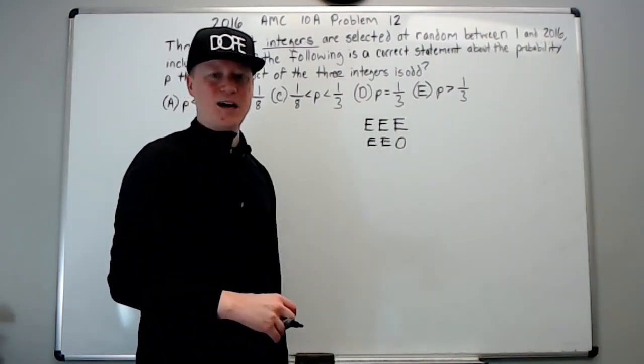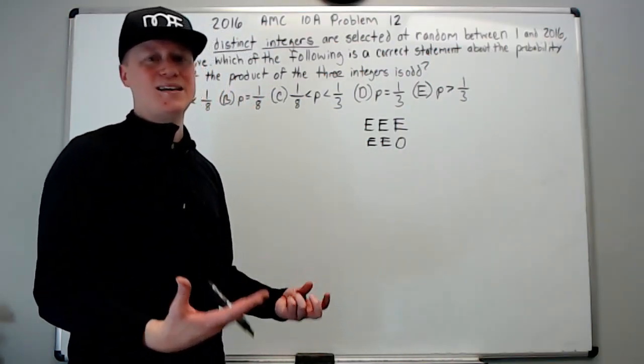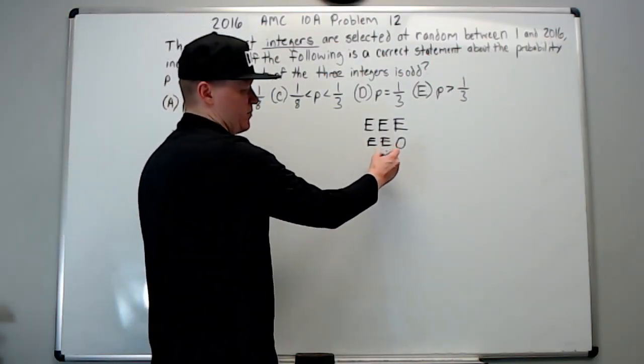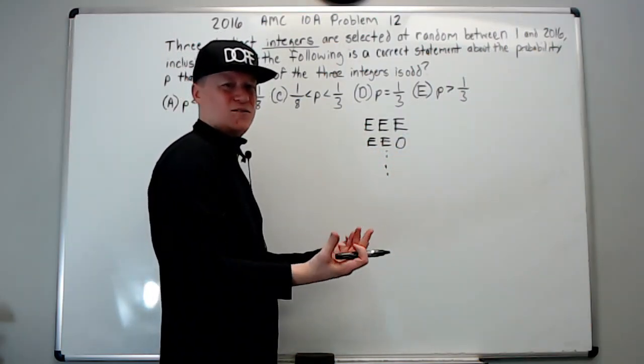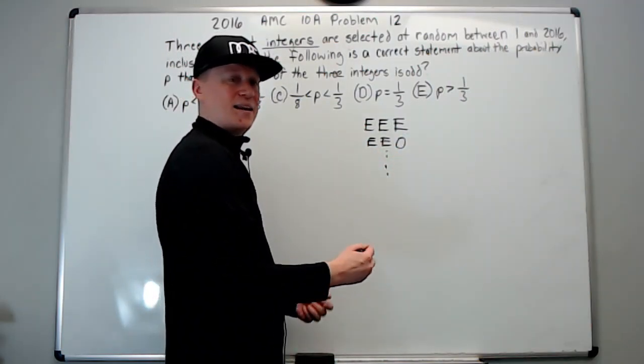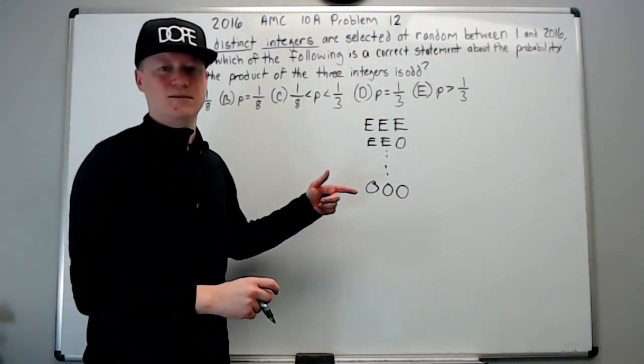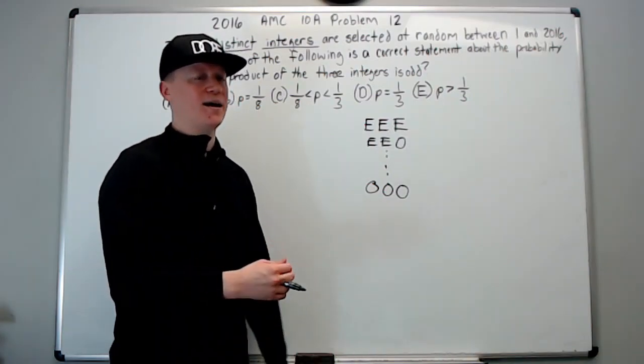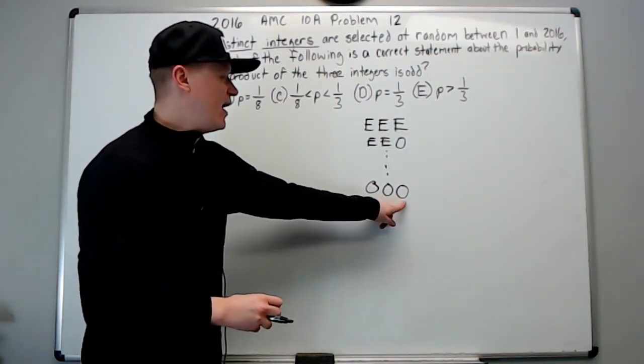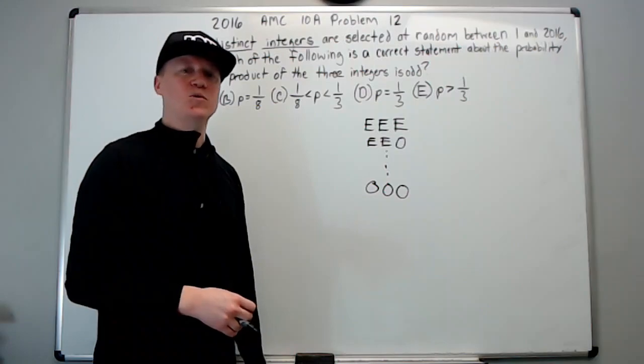Therefore, the end will still have a factor of 2 and therefore be even. Well, we could write them all down if we wanted to, and if you did, no harm, no foul, right? But if you can notice that, you can just see that the only one that's going to work is odd, odd, odd, right? So 3 odds, the product of any number of odds will be odd.